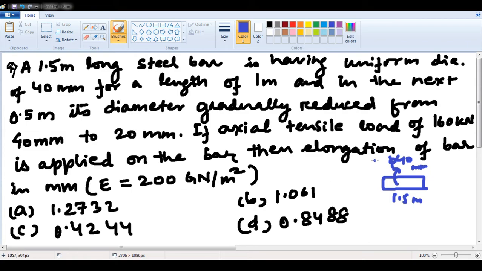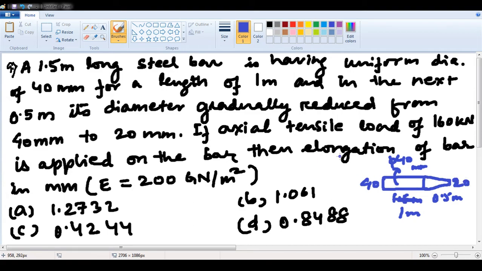In the next 0.5 meter, its diameter gradually reduces like this. How much? 0.5 meter. Gradually reduced from 40 mm to 20 mm. So this was 40, and the end comes to 20.